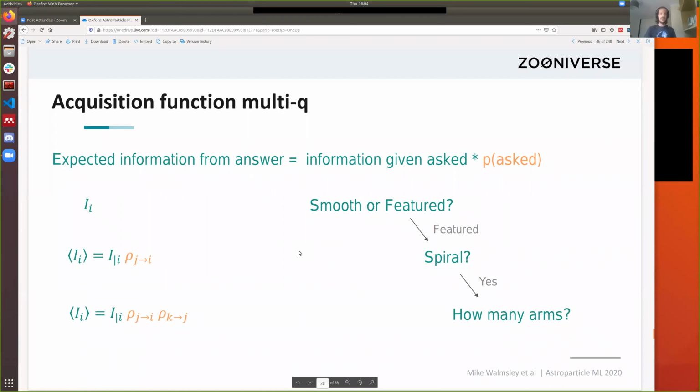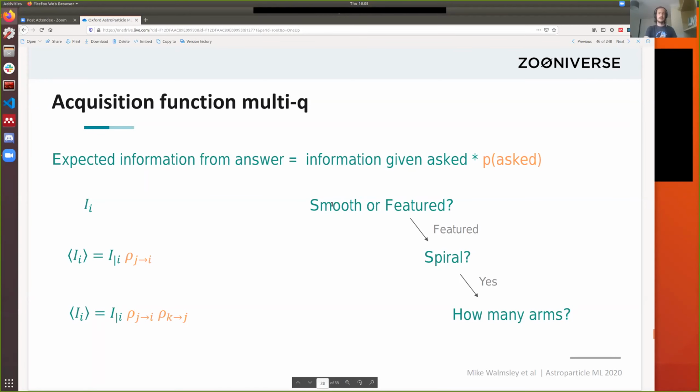Well, if we're trying to answer one question, I showed you how we calculate the mutual information that we expect for answering that from the disagreement in the models. Remember that the galaxies where the models are individually confident but disagree are likely to be the most informative.